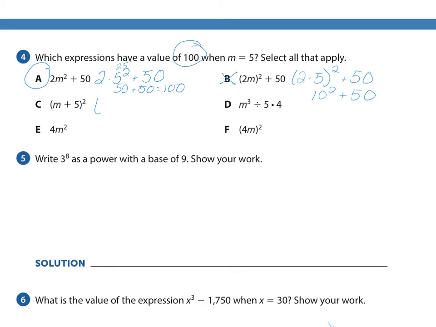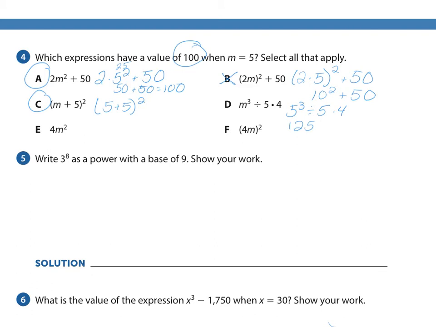C, we're going to put in 5 plus 5, and we're going to square it. 5 plus 5 is 10. 10 squared is 100. It works. D, we're going to substitute in. This is going to be 5 to the third divided by 5 times 4. 5 times 5 times 5 is 125.